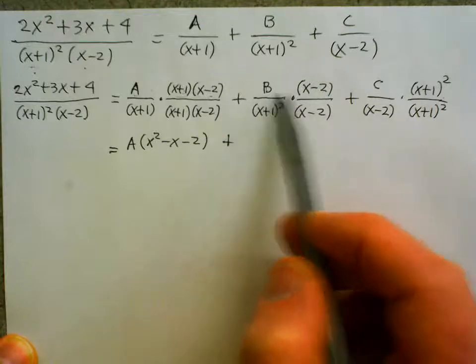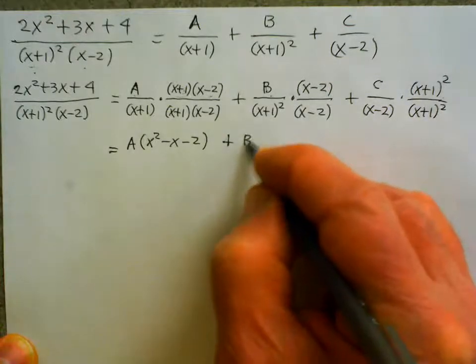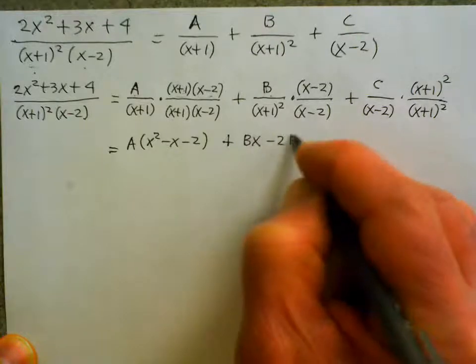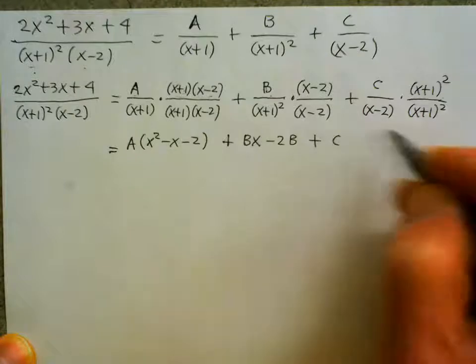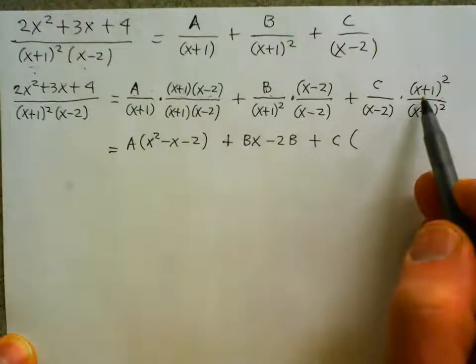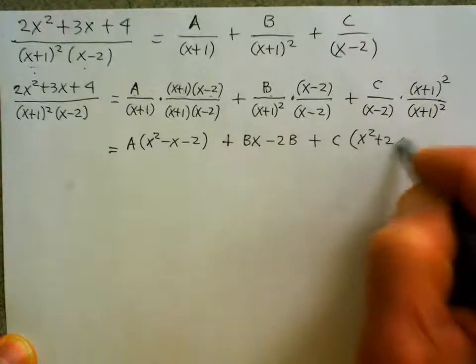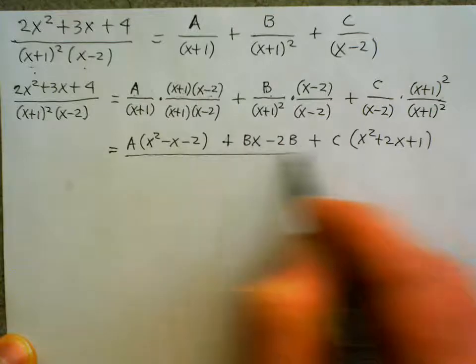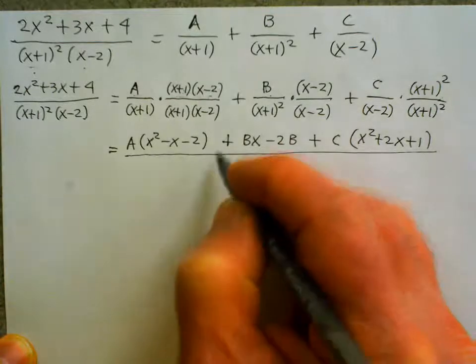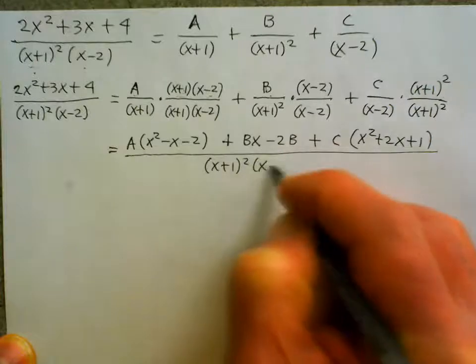And this one is easier. B times the quantity x minus 2 is just b times x minus 2b. And then plus c times x plus 1 quantity squared is x squared plus 2x plus 1. So this is all over the single denominator, x plus 1 squared times x minus 2.